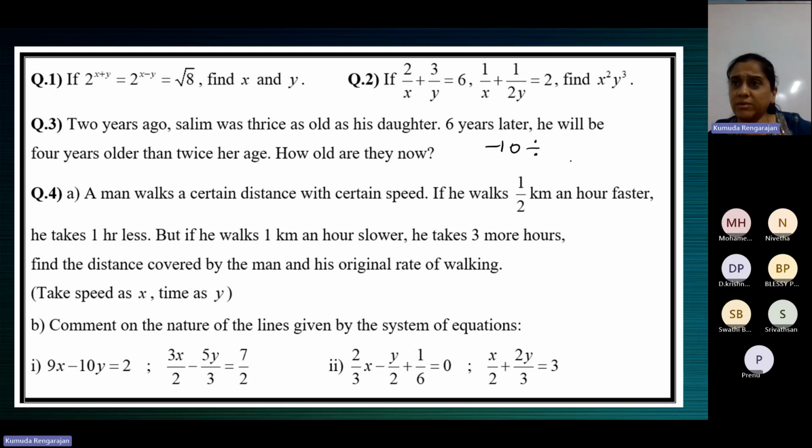Minus 5 by 3. So minus 10 into minus 3 by 5, 5 twos are 10, and it is plus 6.